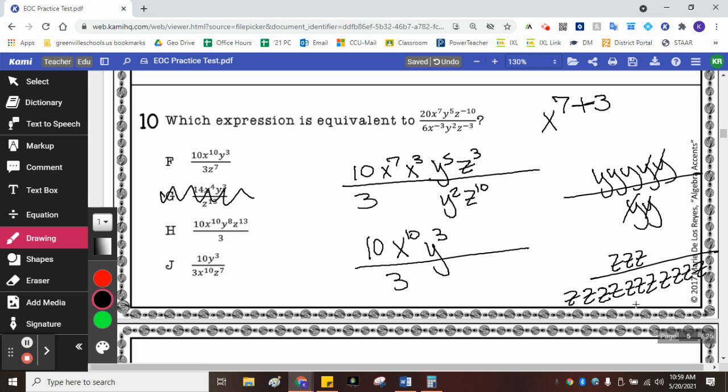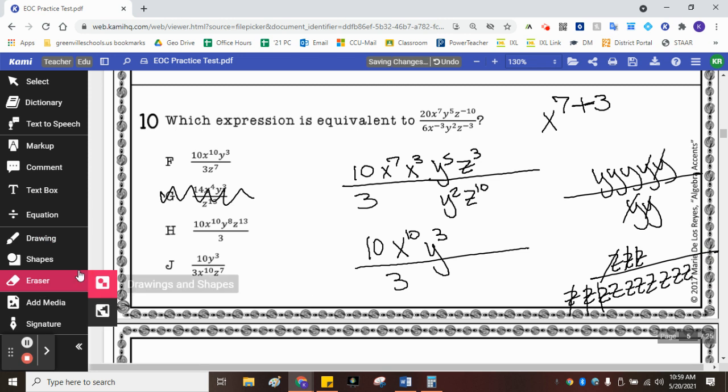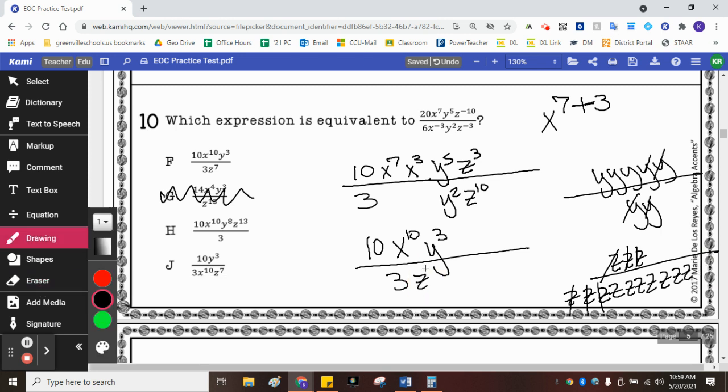There's 10 on bottom. 1, 7. Yes, 7. 6, 7. So then I have 7 on bottom. F. Yep.